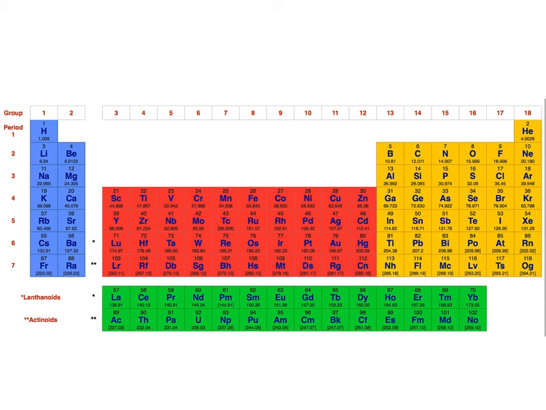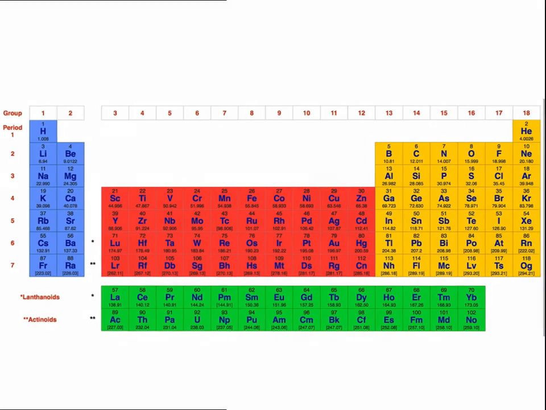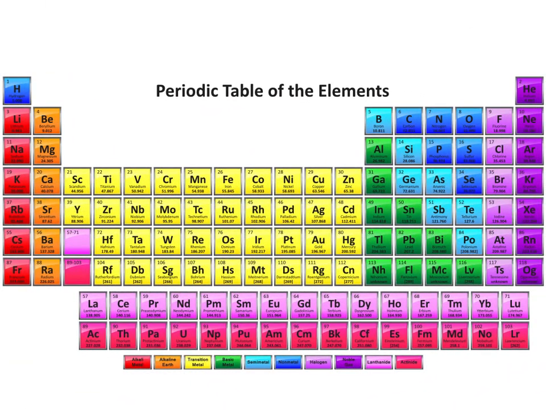You can see the numbering down the left-hand side of the table, numbering the different periods of the periodic table of the elements. This is pretty much what you see in your folder and what you see up on my wall. And the elements are named all the way through 118. They all have formal names at this juncture.